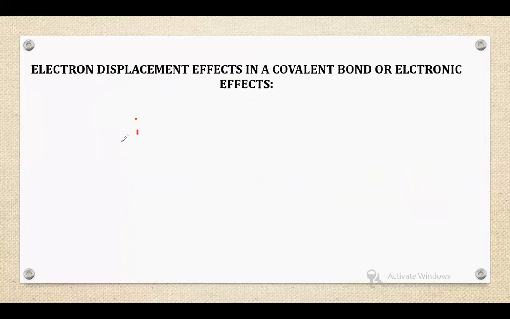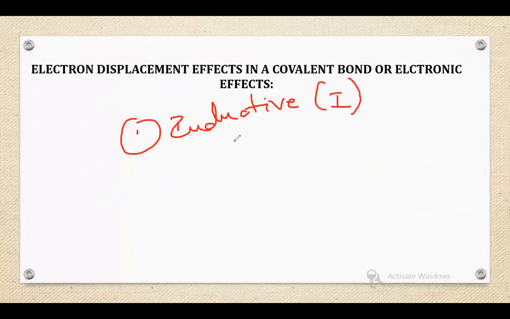The first one is inductive effect. Inductive effect is represented with a capital letter I. The second one is electromeric effect.